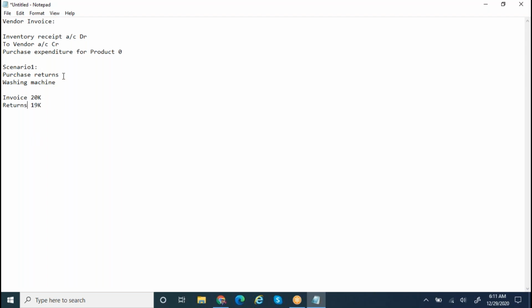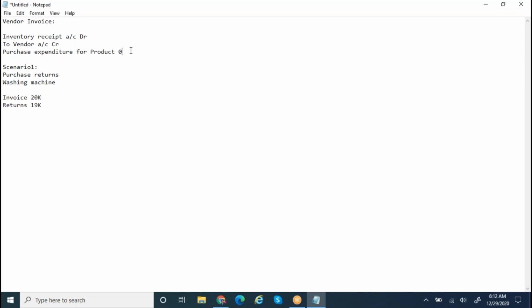If there is a difference, then the difference amount will be posted to this account, because while doing purchase returns we consider it against the invoice. The invoice amount is this one and the returned amount is this one.